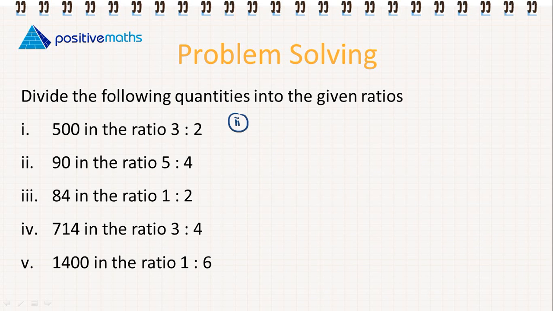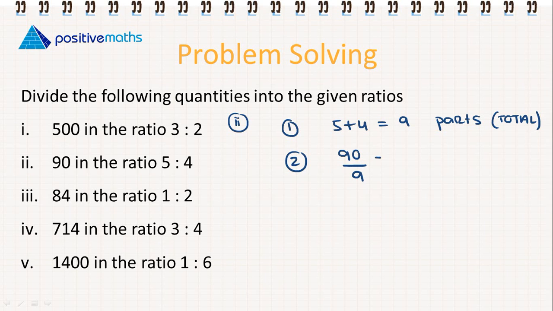Okay, so part 2. We now have to divide 90 in the ratio of 5:4. So we have 5 plus 4 gives us 9 parts in total. Okay, step 2, we're going to find 1 part.